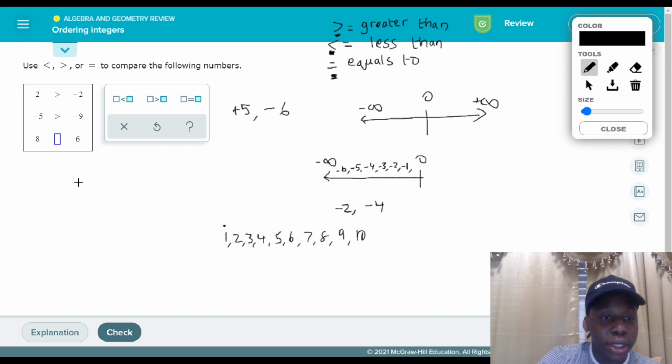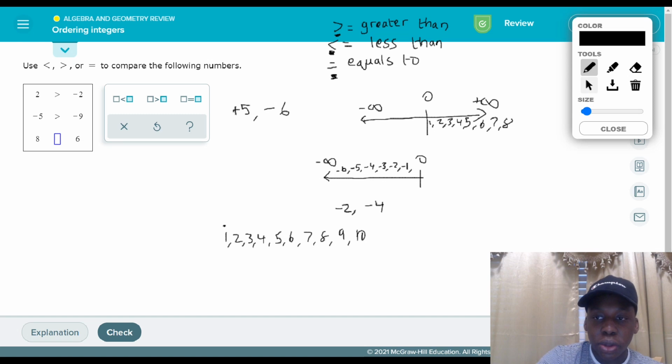So in this case, 8 is closer to positive infinity than 6. Let's say we're counting 1, 2, 3, 4, 5, 6, 7, 8. 8 is closer to positive infinity than 6, so 8 goes further than 6.